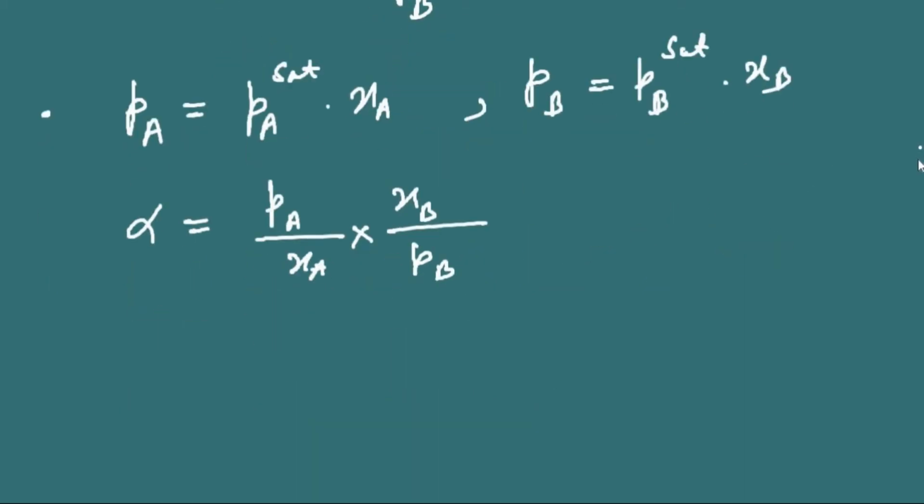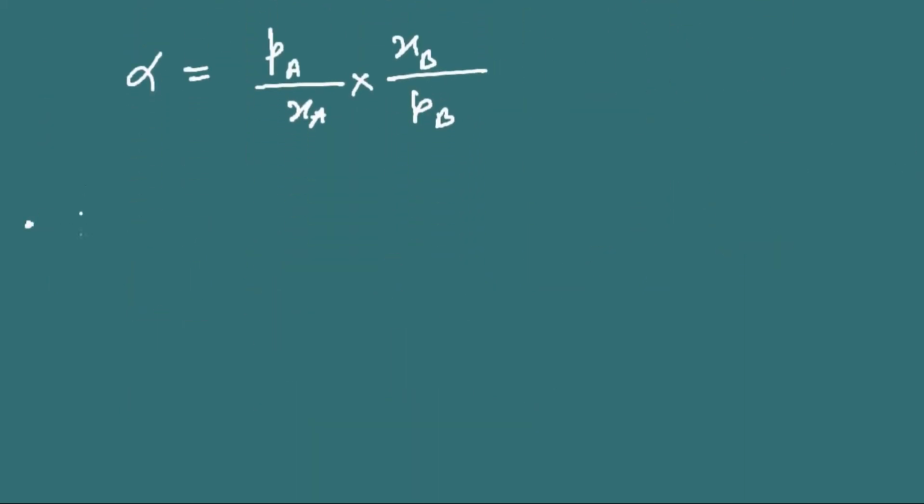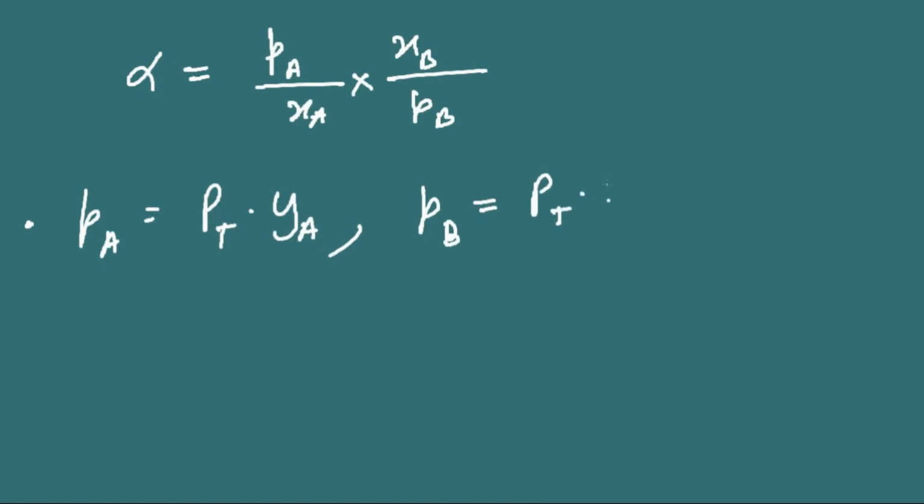Now another thing I can use is that the partial pressure of A is equal to the total pressure times the mole fraction of A in the vapor phase. Similarly, the partial pressure of B is equal to the total pressure times the mole fraction of B in the vapor phase. Combining both of these, I substitute the value of PA and the value of PB.